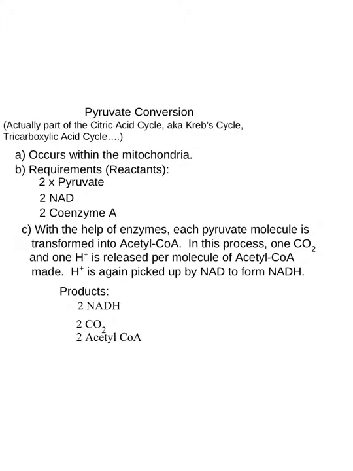Now, it turns out that the first step of the Krebs cycle isn't quite so cyclic, so we're going to separate that out and call it pyruvate conversion. But in actuality, it is part of the Krebs cycle, but it's going to make it a whole lot easier to kind of chunk this out. So PC, pyruvate conversion, occurs within the mitochondria.